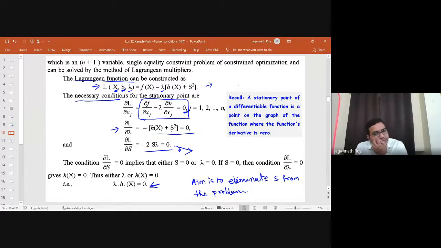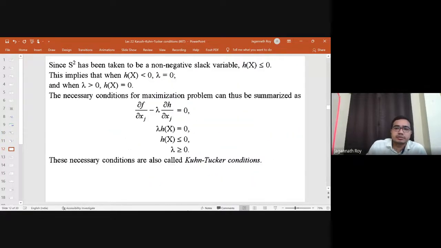Okay, so how do we do that? So now we have this situation. Because we had hx plus s square equals 0, and originally we had hx less than or equal to 0.